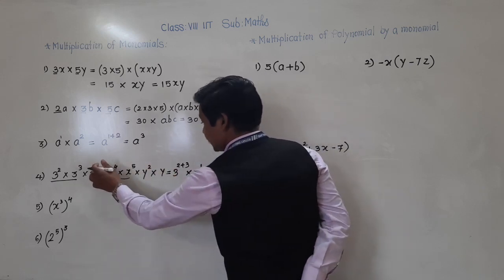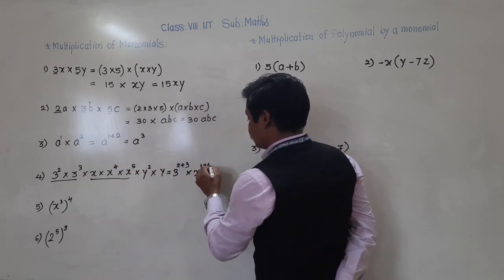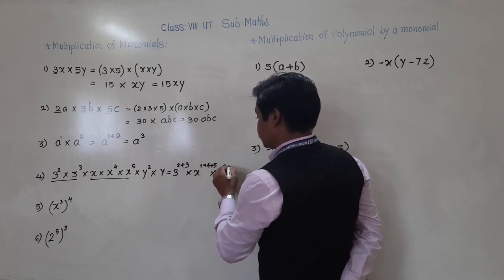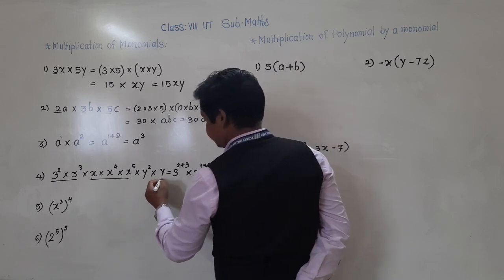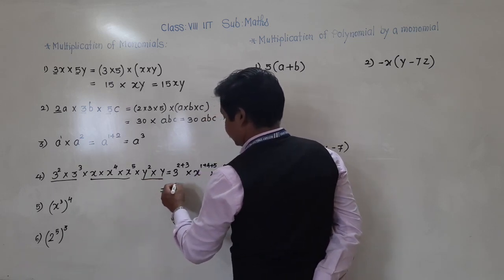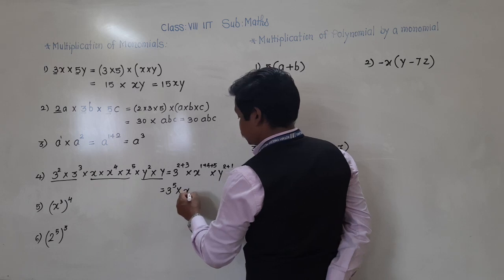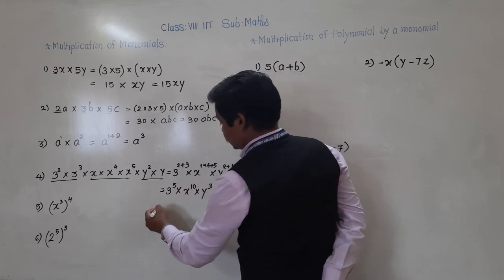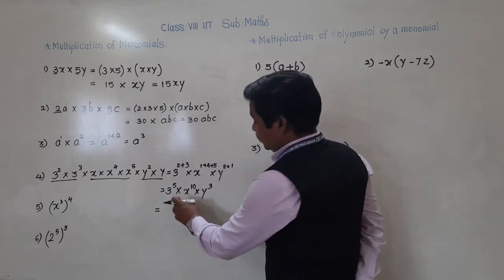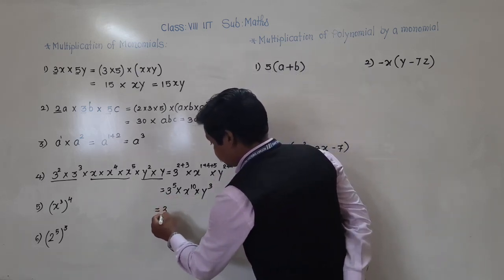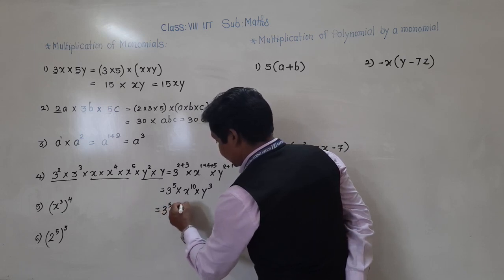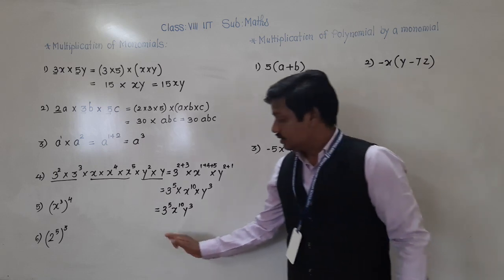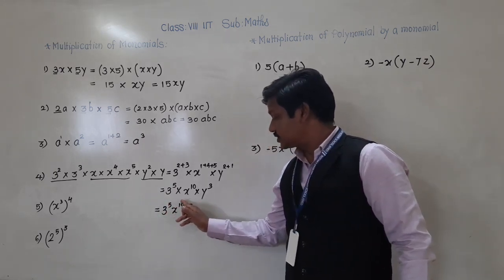This x has exponent 1, so 1 plus 4 plus 5, into y raised to 2 plus 1. That is 3 raised to 5 into x raised to 10 into y raised to 3. So simply you can write that by removing the multiplication sign: 3 raised to 5 x raised to 10 y raised to 3. Okay, understood?